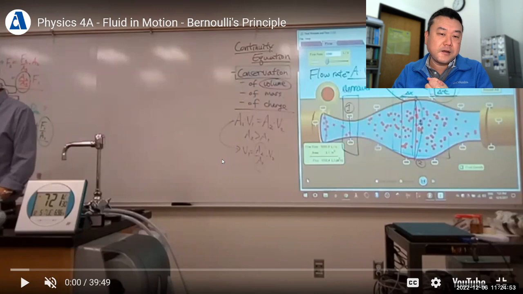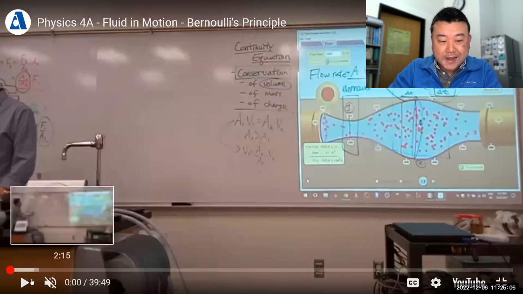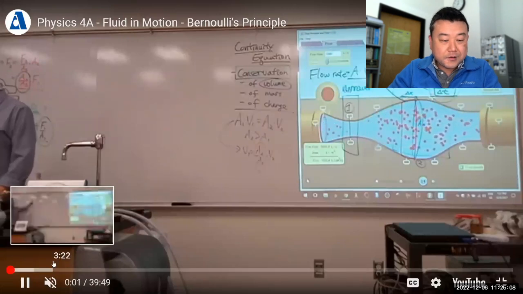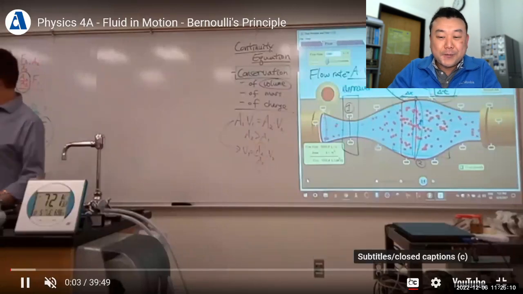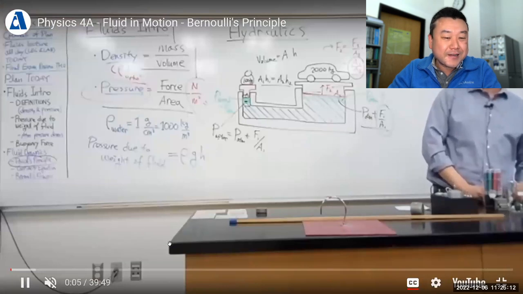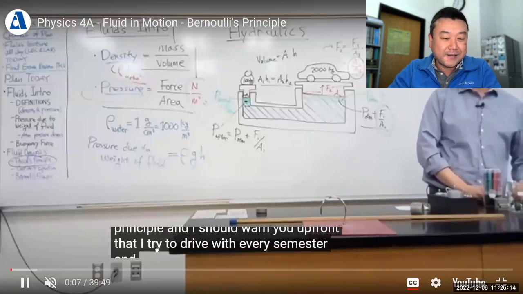So this is the second attempt at lecture material that does the proper derivation of Bernoulli's principle. I've done this in the past, and I gotta tell you, you will see it if you watch this lecture video, every time I do this, I kind of mess it up.